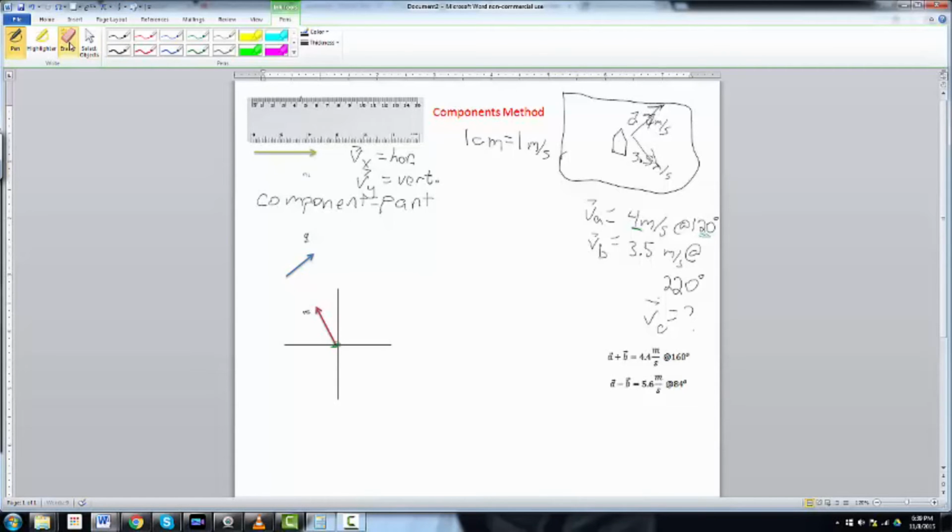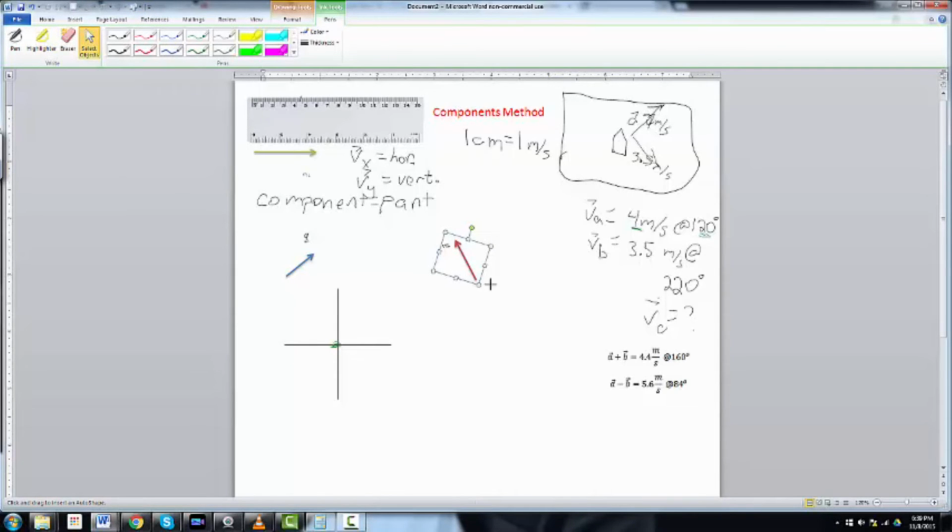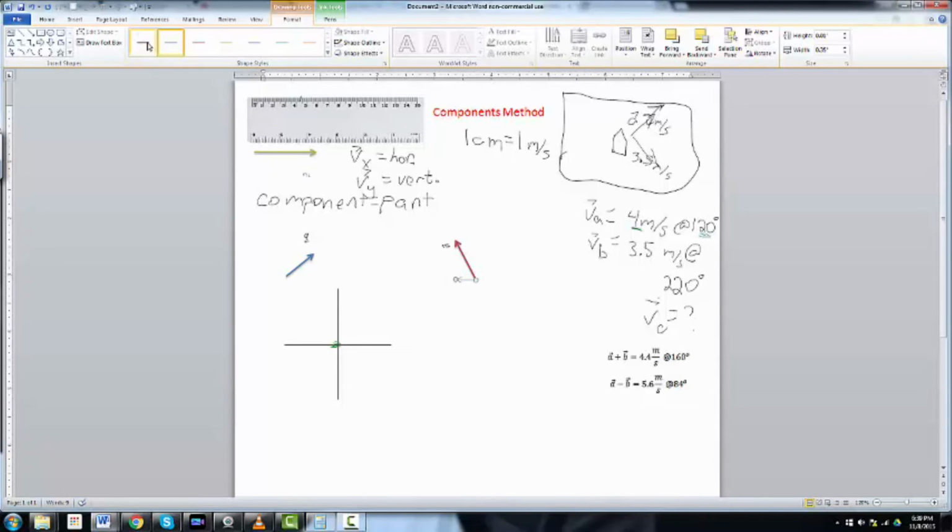So if I take any vector, let's say my A vector, it has a certain amount that it's going in the x and a certain amount it's going in the y. So I set it up like this. It has it going in the x. Let's leave that blue. Let's do another arrow and see how far it goes up. Like so.